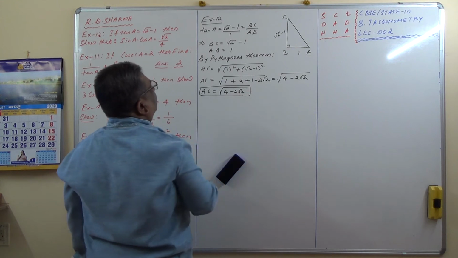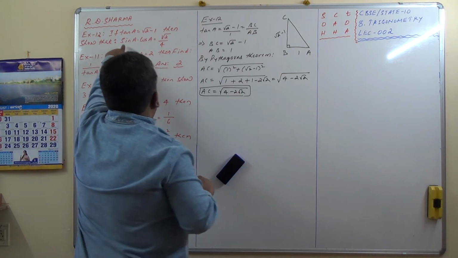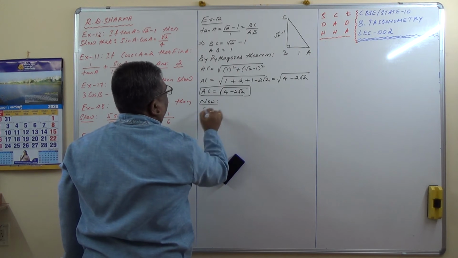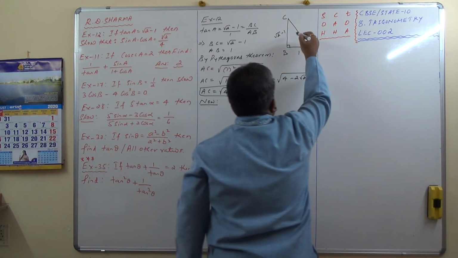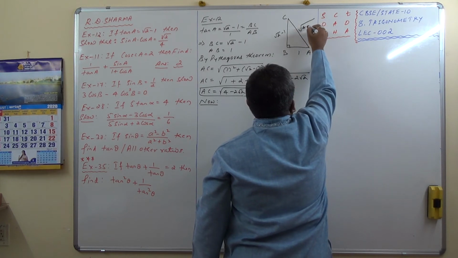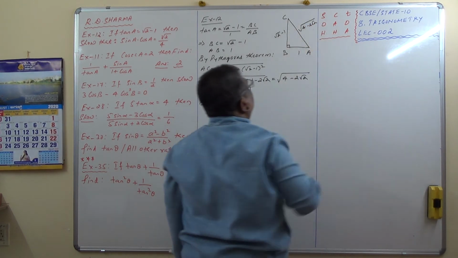Now let us take sin A into cos A. Now here I will write under root of 4 minus 2 root 2.